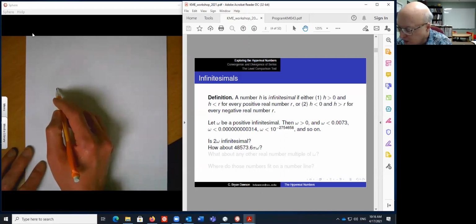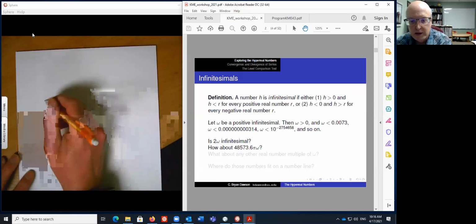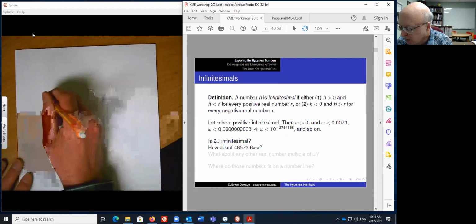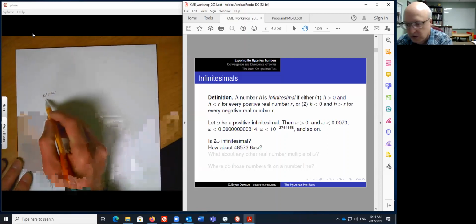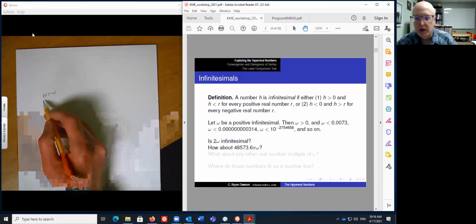So the question was, how would we define 2 times omega, or omega plus omega? The idea would be that our arithmetic would work the same way it does in the real numbers. There's something very sophisticated behind this called the transfer principle.